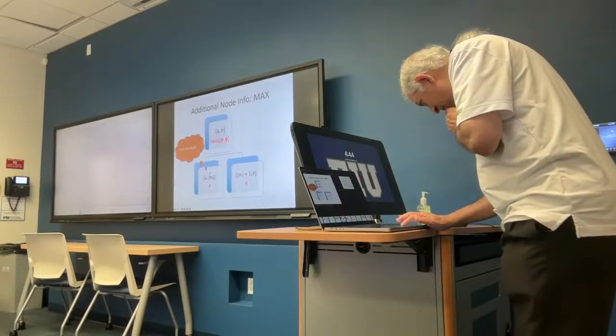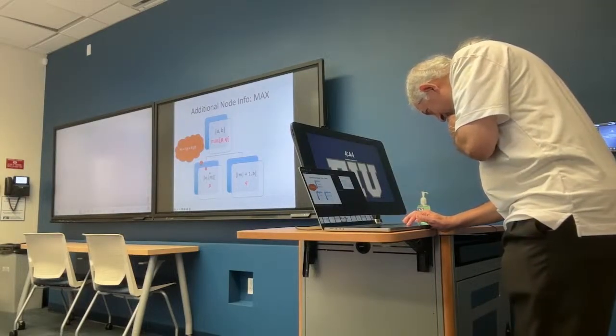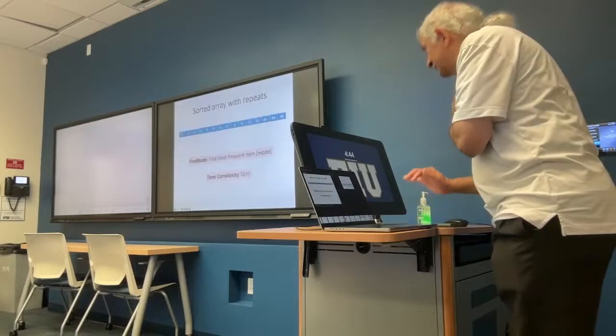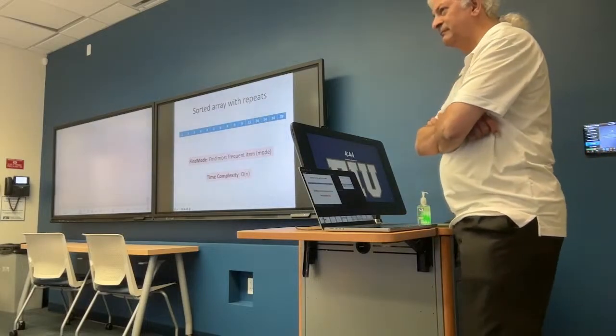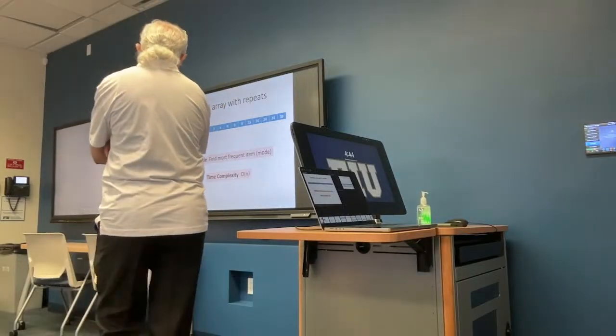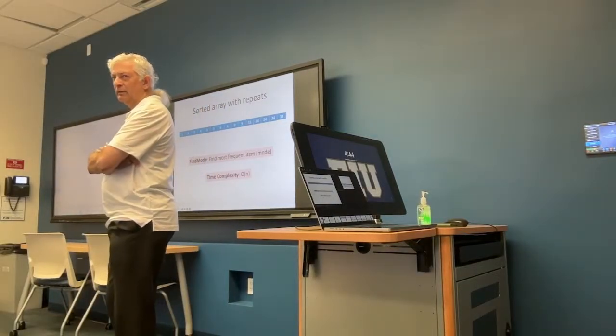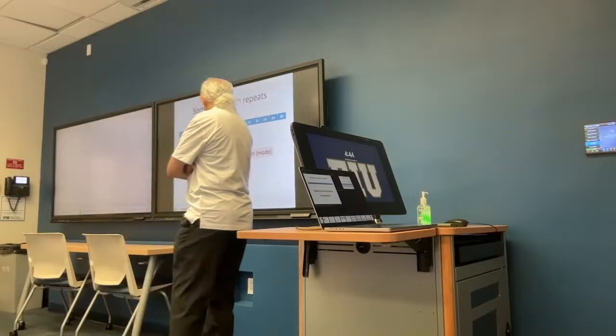Should I go back to that picture? So that's my problem. I have a sorted array with repeats. And what I'm trying to do is to find the most frequent item in any given range.